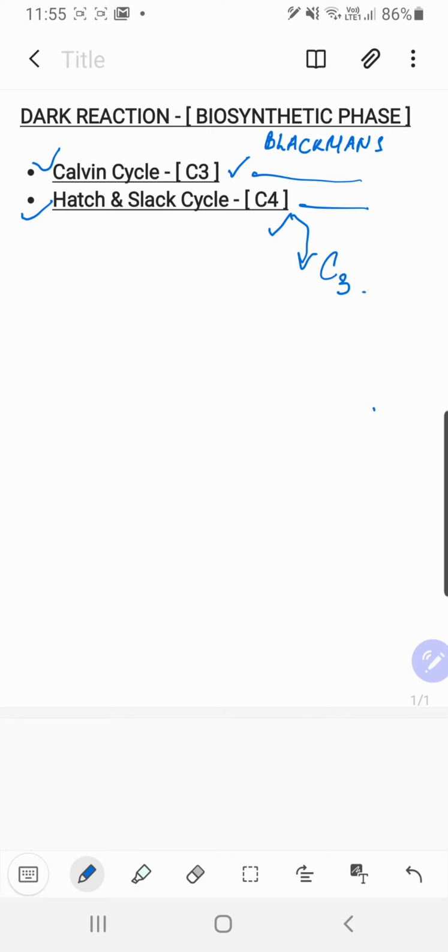So the C3 cycle is supposed to be followed later on, but maybe a different path is followed, that's why you are calling it the C4 cycle. So always remember that the steps of the C3 cycle are going to be there in both types. It's just that I'm going to tell you the difference now.